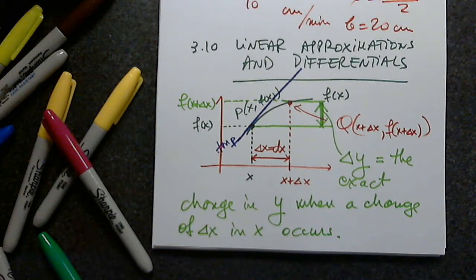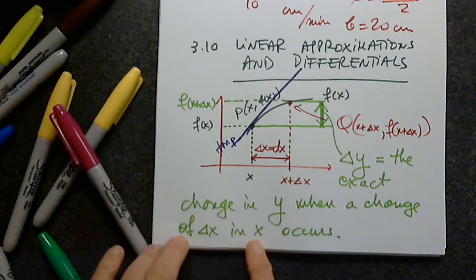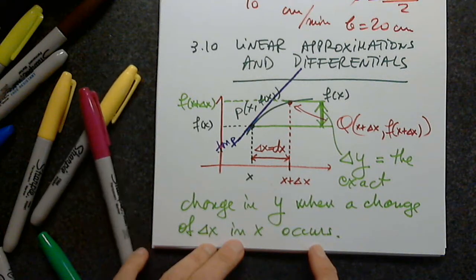So delta y is the exact change in the value of the function, what we determined last time, C of 201 minus C of 200. This is delta y, the exact change in y when a change of delta x in x happens.